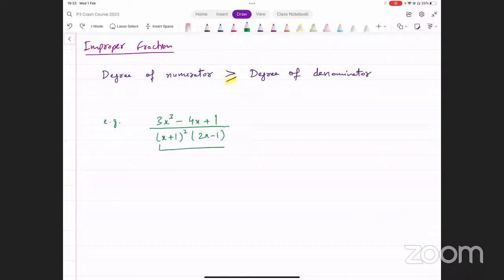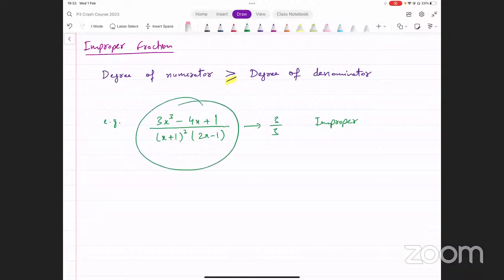If you were to simplify this expression, this factor is going to give you x squared as the highest power. You've got x here. When they multiply, you're going to have x cubed there. So in both numerator and denominator, the highest power in simplified form is 3 in this case. So this is an improper fraction. So you think about the highest power in simplified form. So this could be one case for which you might have to find the partial fractions.